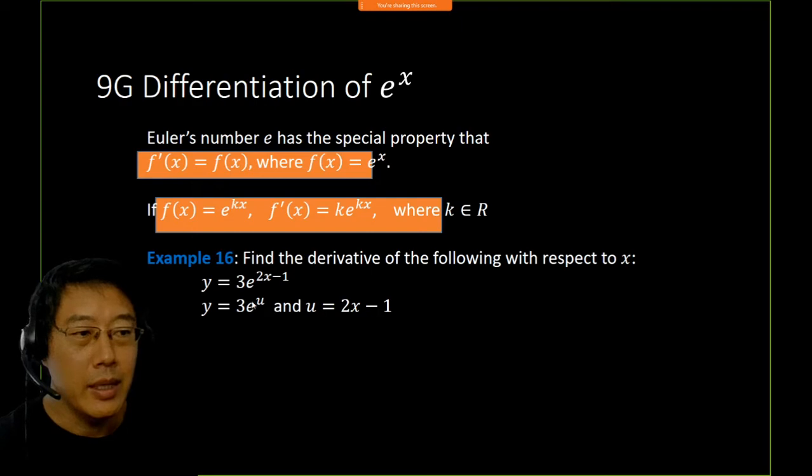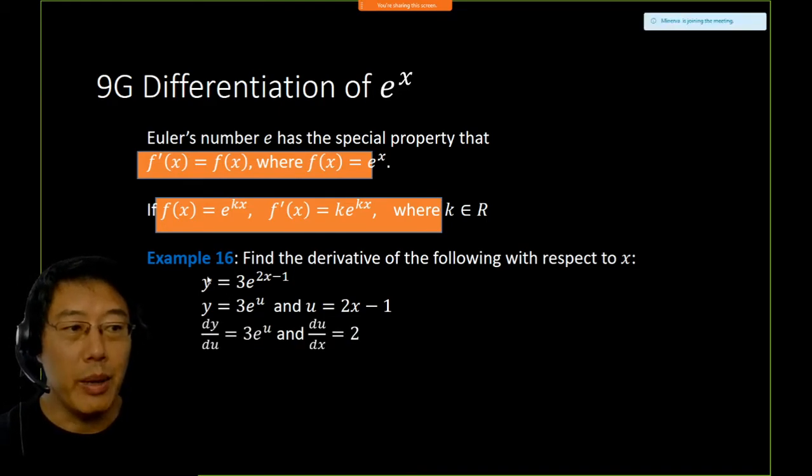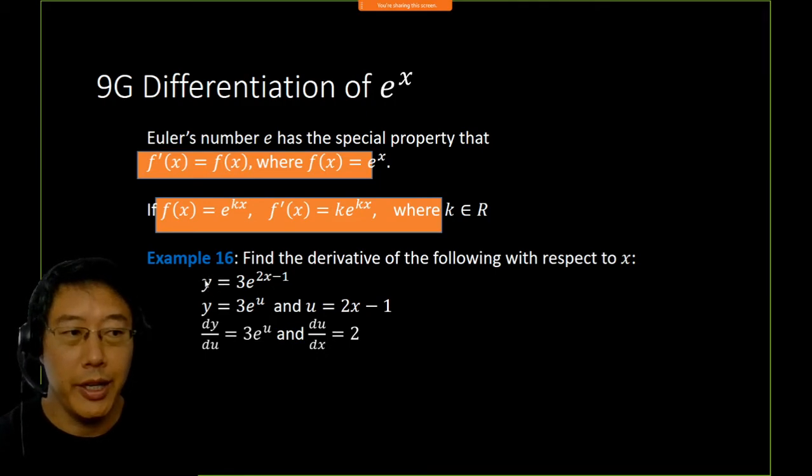Okay, then we can differentiate those two. So y now is a function of u. You do dy over du, and here it will be du over dx. So you find the respective derivatives. Remember the question, what you're trying to find out is dy over dx. So dy over dx is going to be the product of dy over du times du over dx.